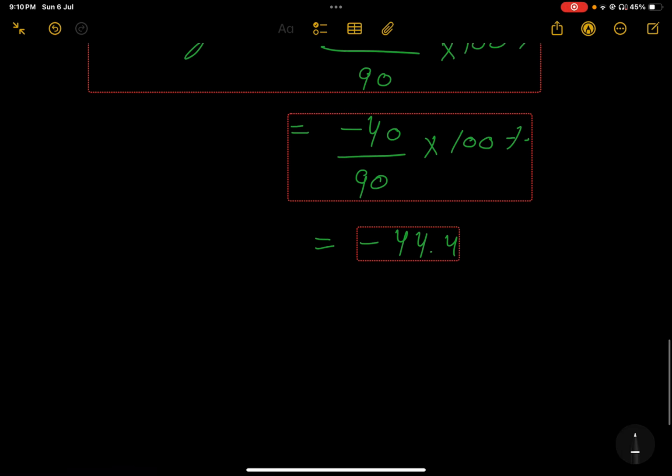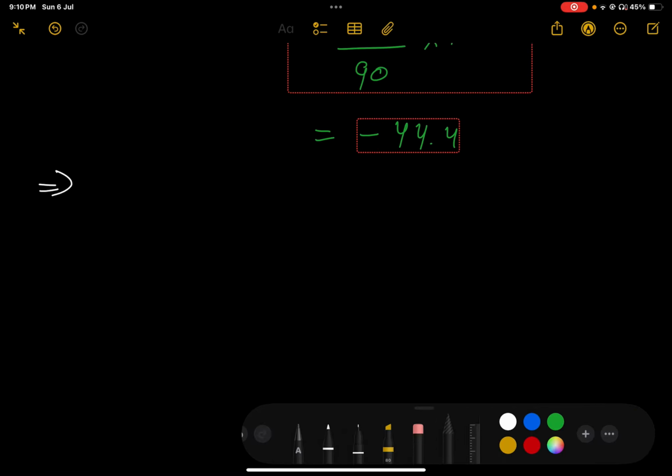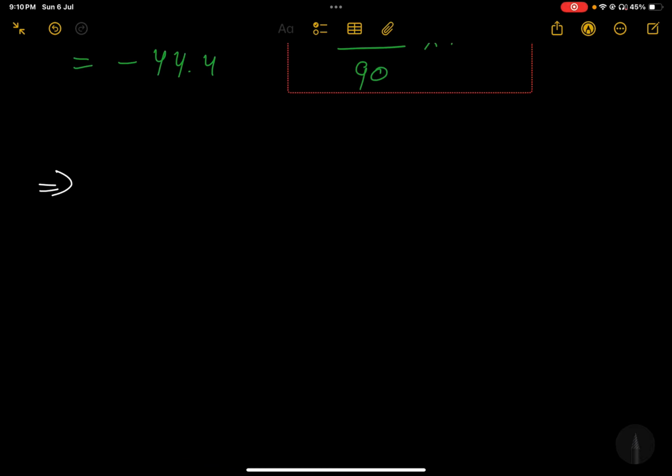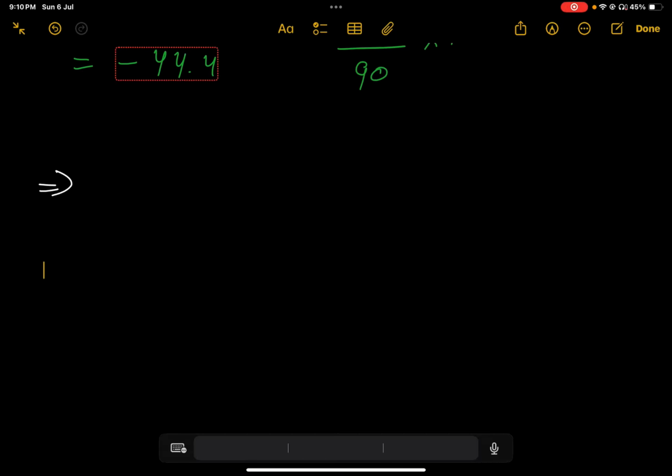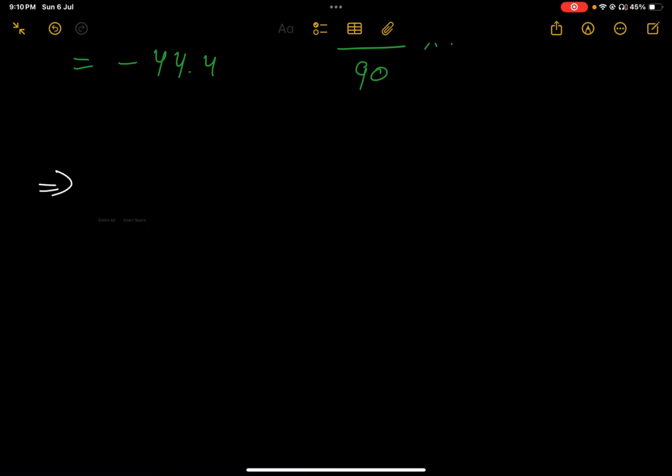Now, let's make a box. Let's change percentage into decimals. Let's take an example which is 85%.